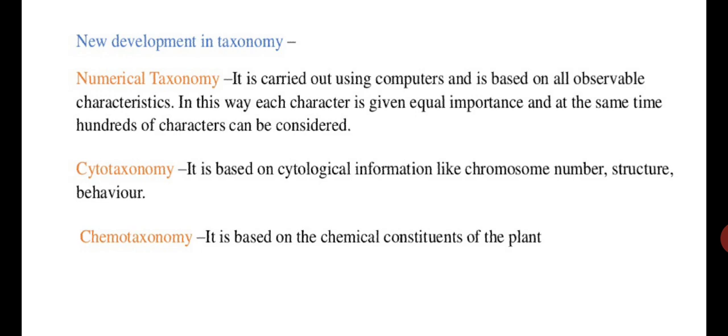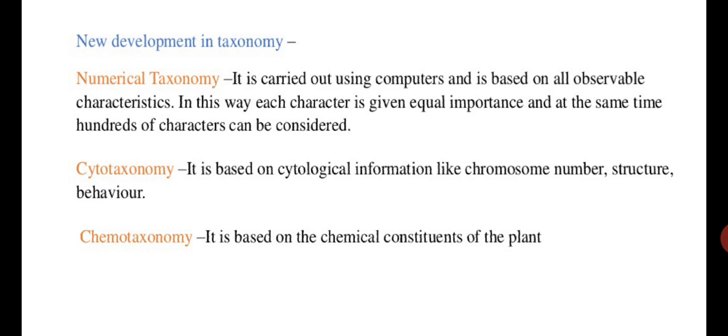In numerical taxonomy, we study a particular family of plants with the help of computers, which are used to store the data regarding a particular species of plants, the characteristics inner and outer, anatomical and morphological. So this is a new branch in taxonomy.